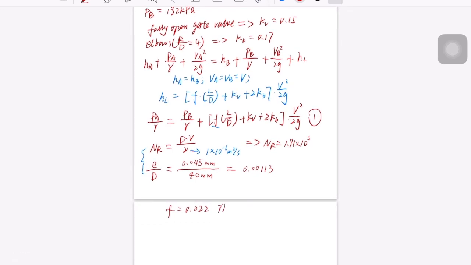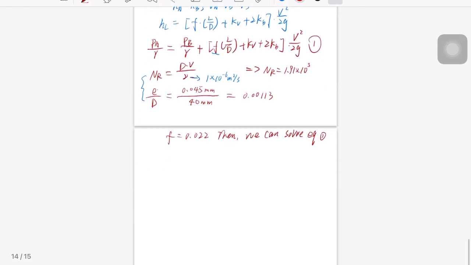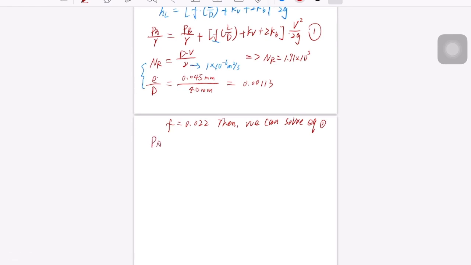And then we can solve equation 1. So PA divided by gamma, because we assume the temperature of the water is 20 degrees Celsius, so the specific weight of water at 20 Celsius degree is 9,790 Newton per cubic meter.